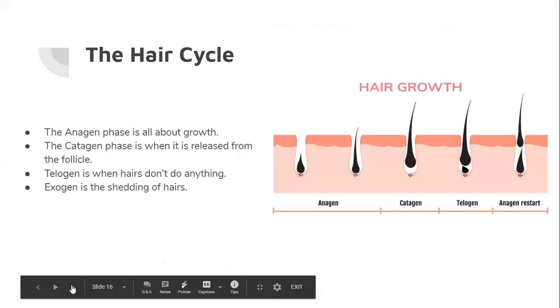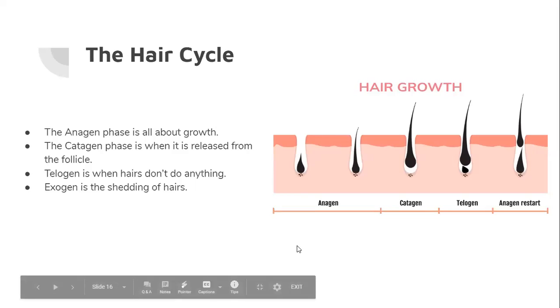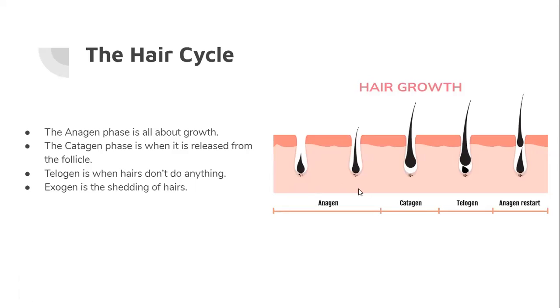All right, so there's a certain hair cycle. The anagen phase is all about cell growth, hair growth from the follicle. In the catagen phase, the hair is released from the follicle. So right here, we are done with the growth, and then the telogen phase is where the hair is just staying.